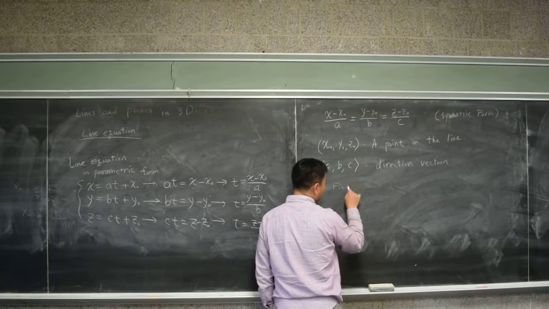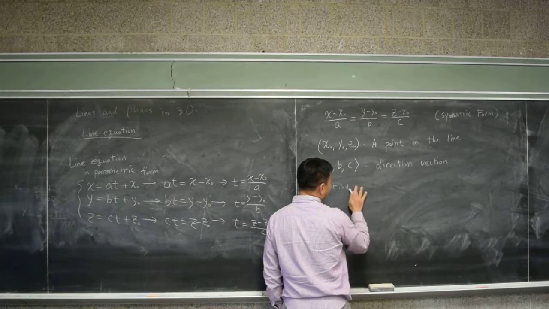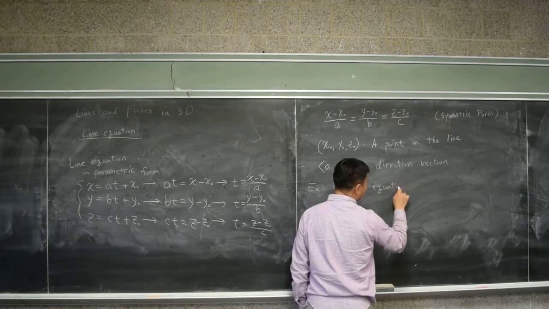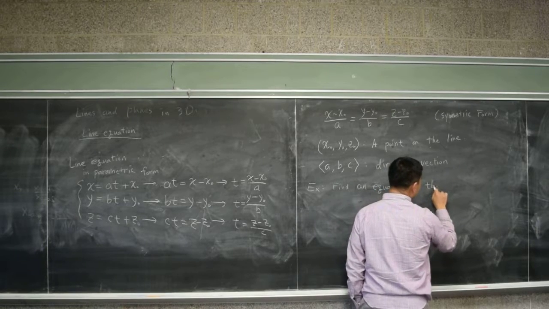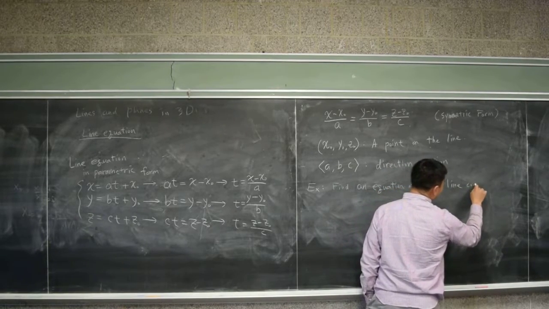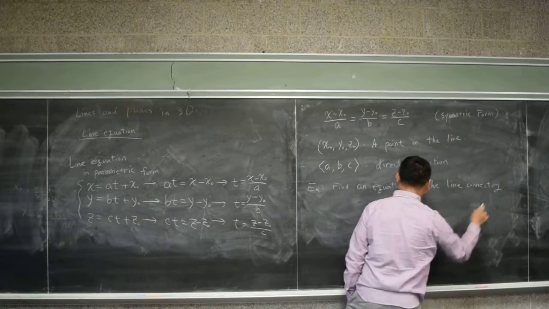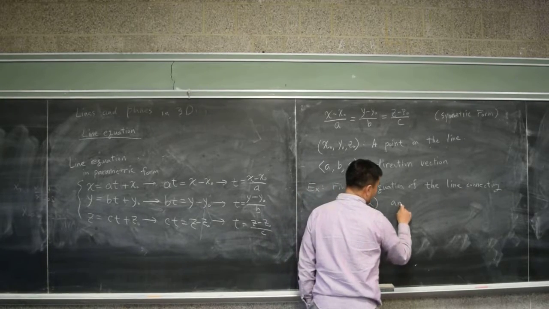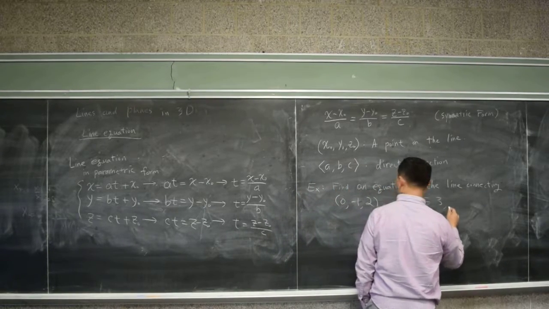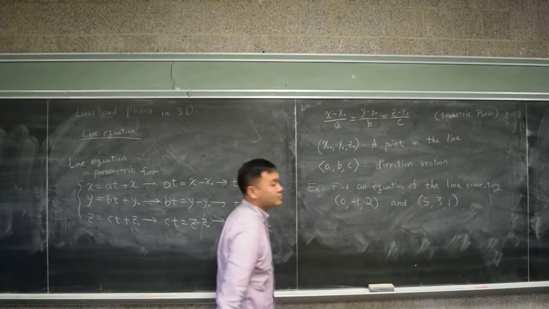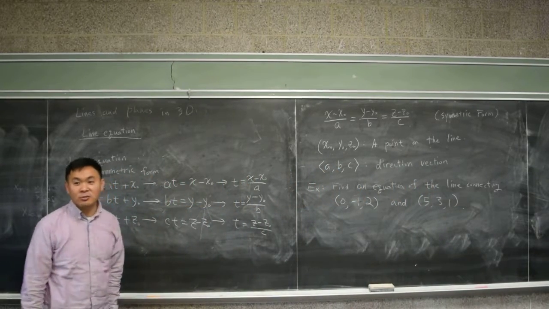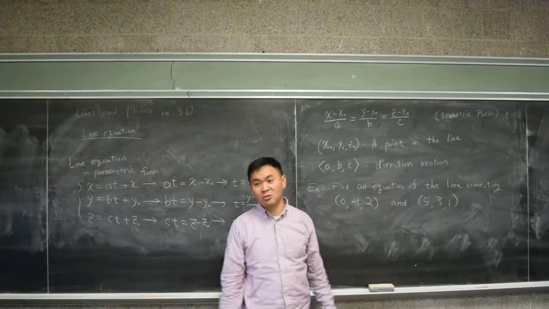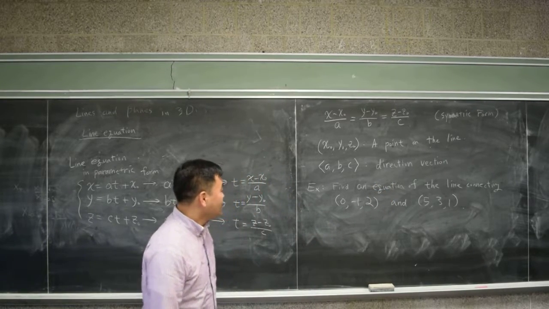Find an equation of the line connecting, let's see, (0, -1, 2) and (5, 3, 1). So let's think about this question. You're given these 2 points, and you want to find a line equation connecting the two. Okay, how do we do this?